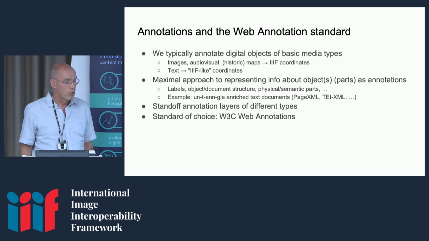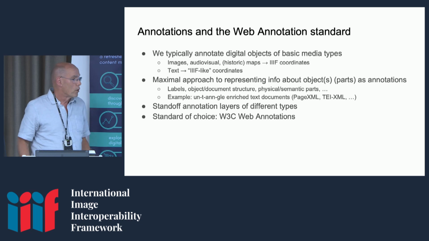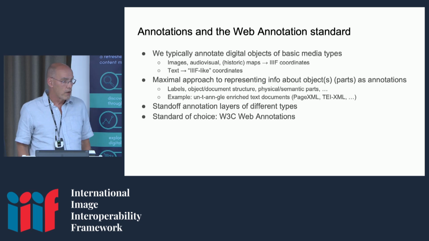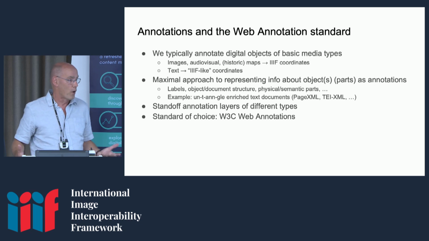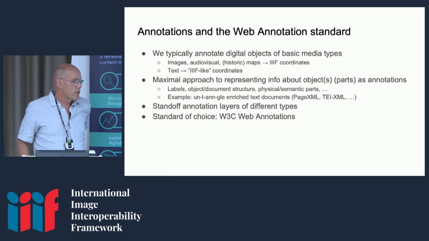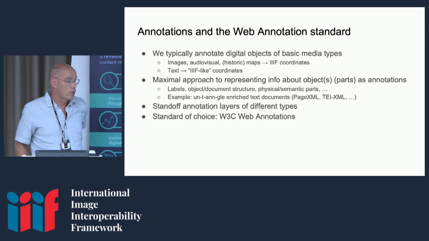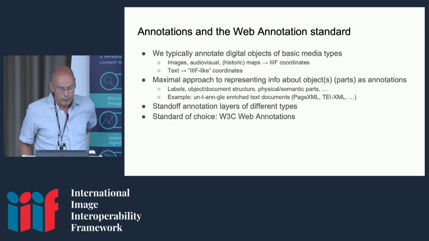This is nicely handled by IIIF. We also want to annotate text, and for our purposes, I think there's an omission. We'd like to see text as a primary media type better included in IIIF, so that you can also annotate texts like you can now annotate images.